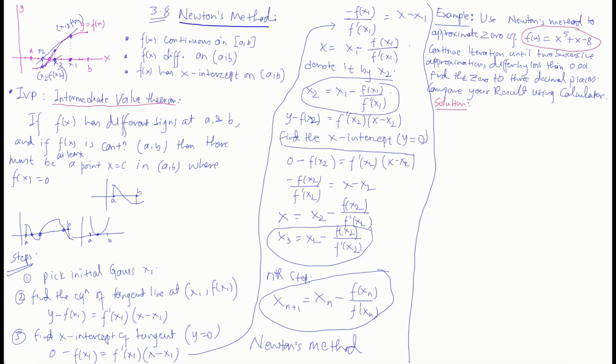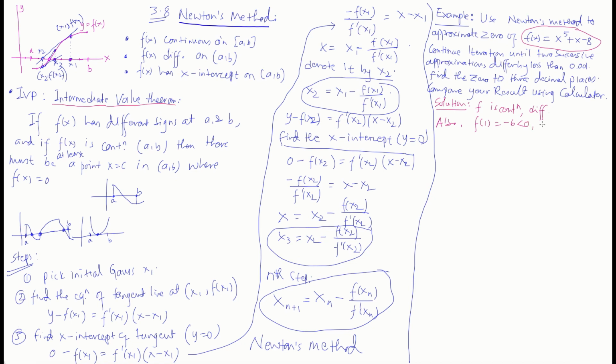So let's plug in 1 for x. Since f is continuous and differentiable everywhere, you don't have to worry about [a, b]. It is everywhere. Also, how about f(1)? f(1) is 1 to the 5 is 1, plus 1 is 2, minus 8 is negative 6.